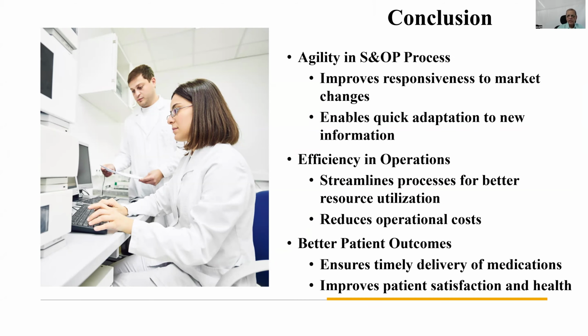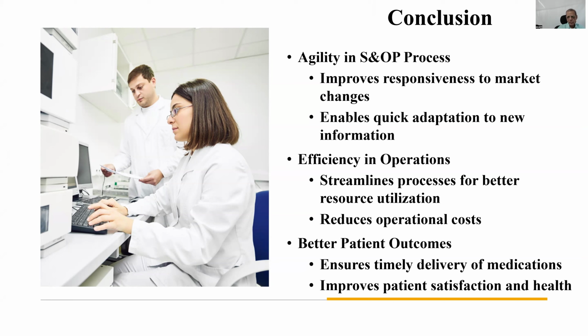So then, agility in sales and operation processes. You can improve the responsiveness to market changes and enable quick adoption of new information technologies, and efficiencies and operations can improve, streamlining the processes for better resource utilization.